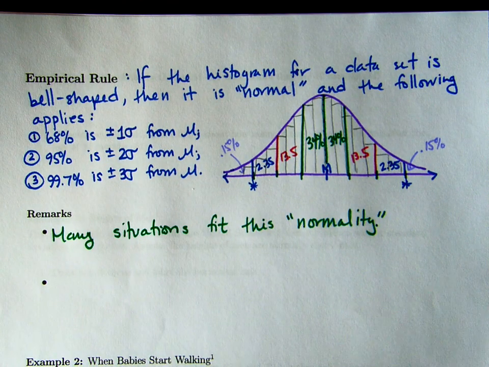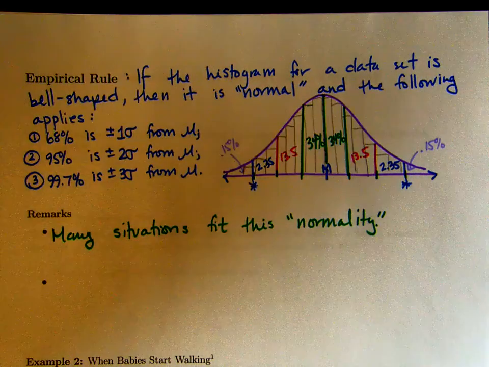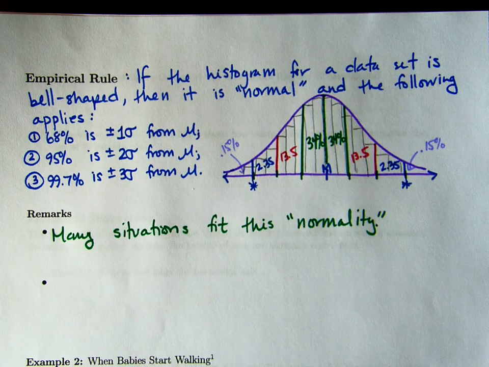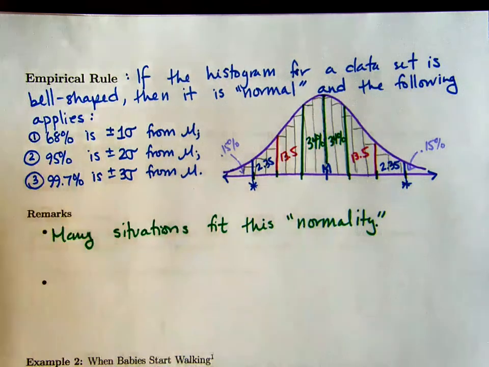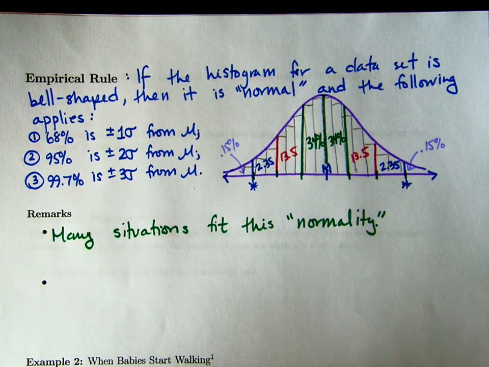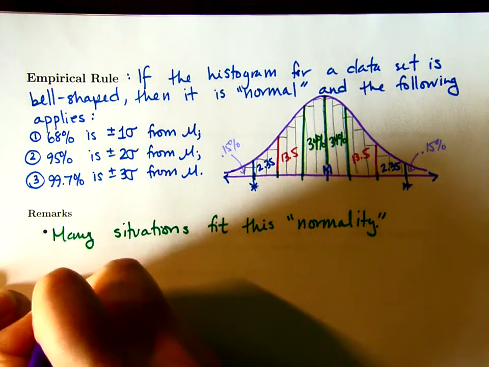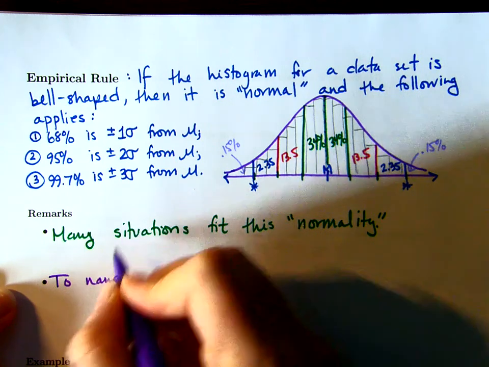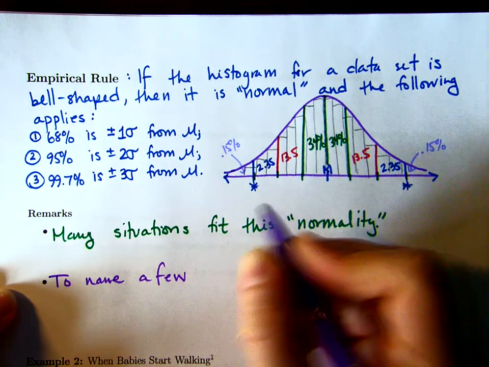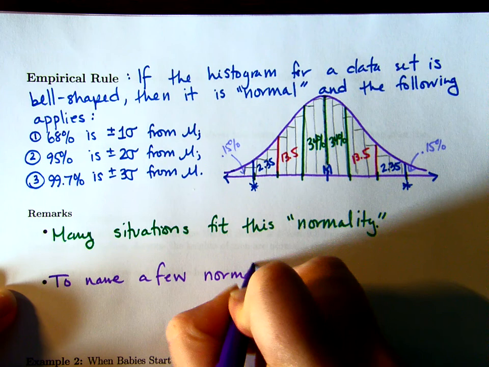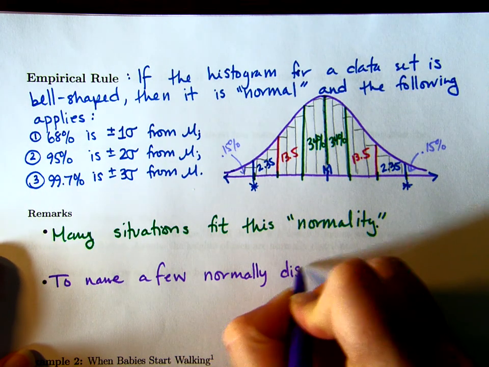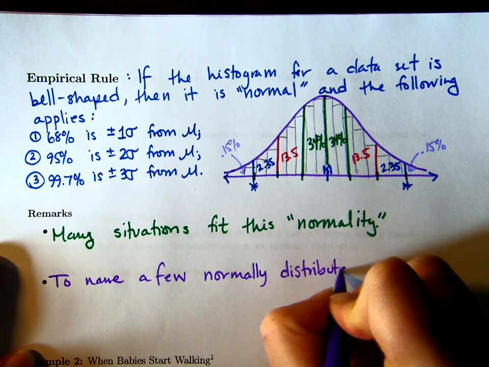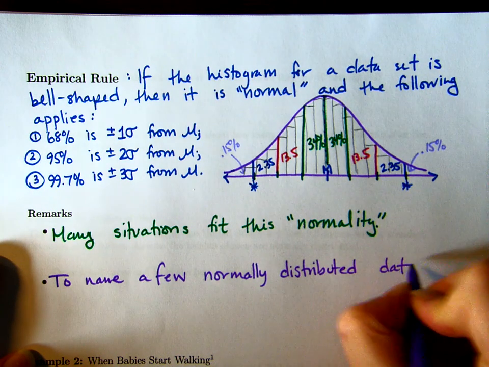And apparently I had some reference to something in your book, but I really am just going to write down a few references right here. So to name a few things that have normal distribution. So to name a few. Normally distributed data sets.